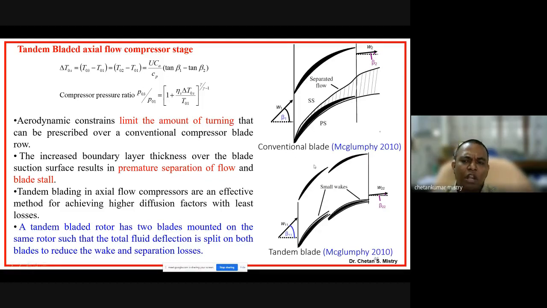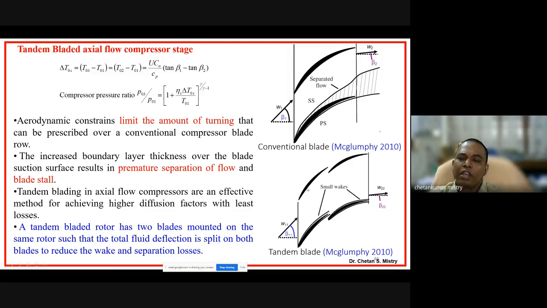Now, people are finding ways to address this issue. What is the reason? If I put in a larger delta beta, meaning a higher compression ratio per stage, then it will reduce your number of stages. In order to address that, people are using this kind of tandem configuration.